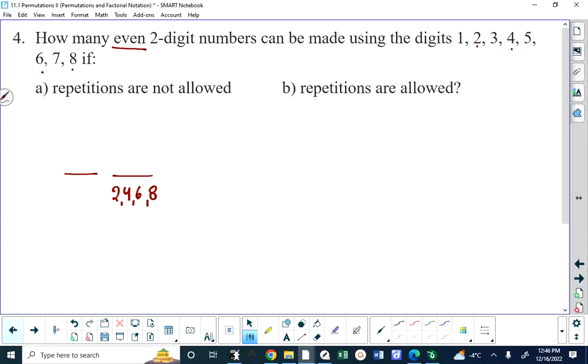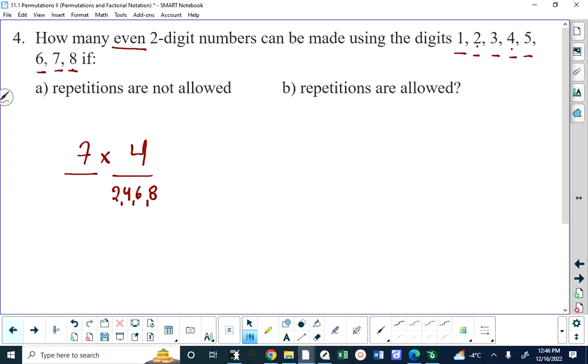So we do the restrictions first, and this is 4. There's only 4 even digits. Now, of the 1, 2, 3, 4, 5, 6, 7, 8 numbers in the pool that we can choose from, we only have 7 remaining. So that means that we have to multiply 7 by 4 to get 28 for the answer there.